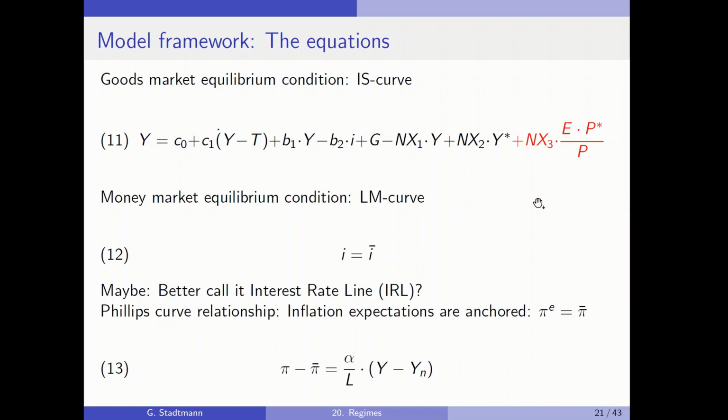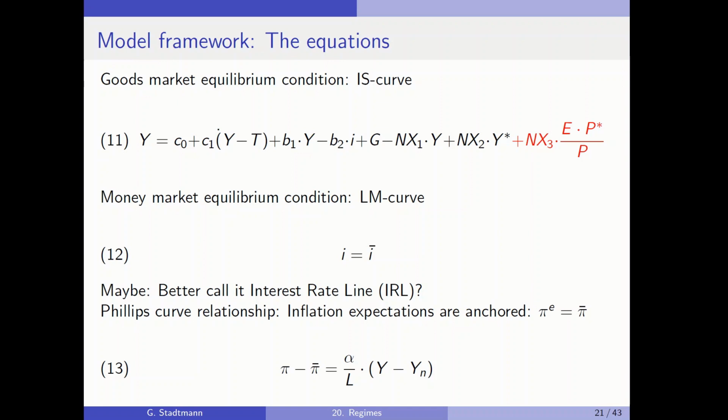Then for the supply side of the economy, we are looking at one version of the Phillips curve, and we use the version where the inflation expectations are anchored so that the wage setters believe that the inflation target of the central bank is reached. The wage setters are setting their expectations according to the inflation target of the central bank.